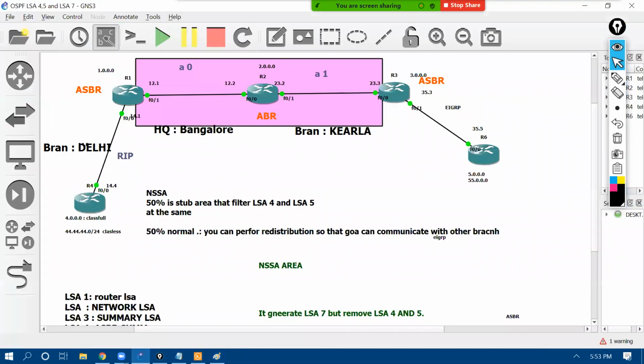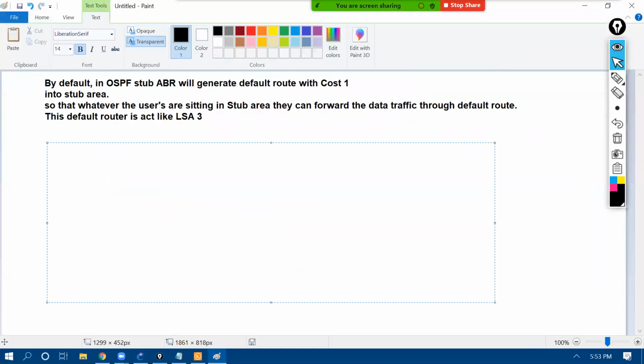Right now, let's take an example. We have a stub area, right? And what is my goal in the stub area? My goal is to reduce the size of the database table.